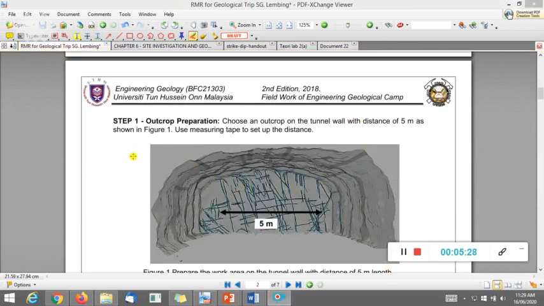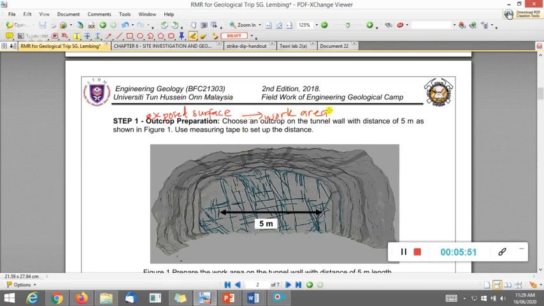Now we start with step 1, the outcrop preparation. An outcrop is an exposed surface. As in the previous project, each group will be given one work area, a different area for each group, because the outcrop will be your work area.